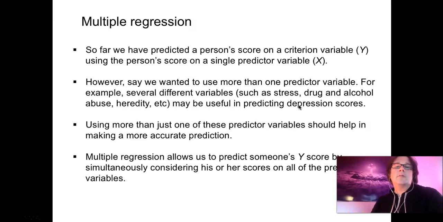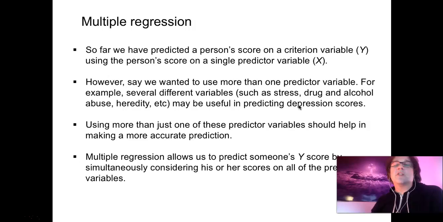Or in this example here, might as well use the example I have in front of me so I don't have to reinvent the wheel. Say we wanted to use more than one predictive variable. For example, several different variables such as stress, drug and alcohol abuse, heredity, etc. might be useful in predicting, let's say, depression scores.